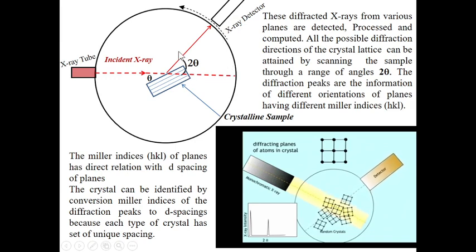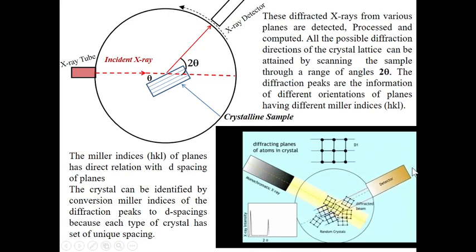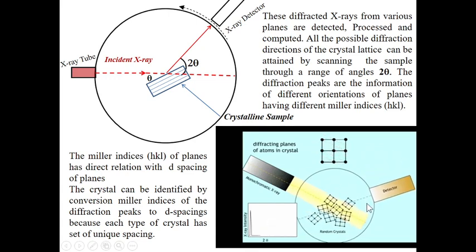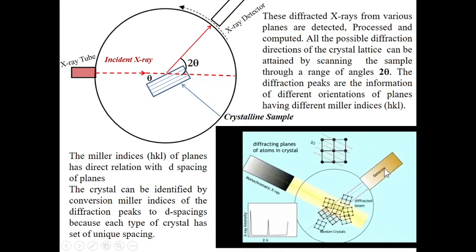At a particular angle it will get the higher peak, meaning it will get constructive interference. So the intensity will be large, but at other 2 theta values it does not get constructive interference, and if there is no constructive interference, no intensity will be detected by the detector.